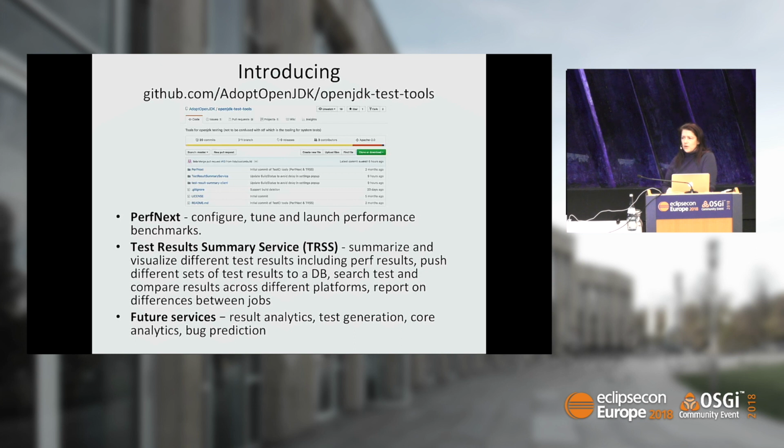One of the things we noted was no one wanted to learn 20 different benchmarks and become an expert in running them. So could we create a tool that would make it easy to configure, tune, and launch them? And so we did. At the moment we're calling it PerfNext.